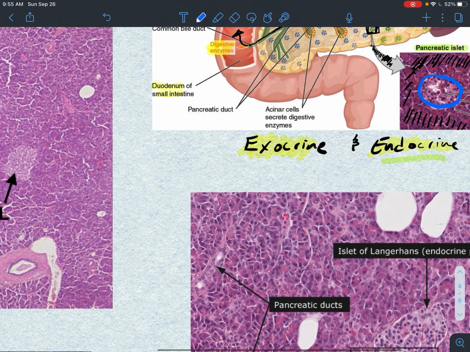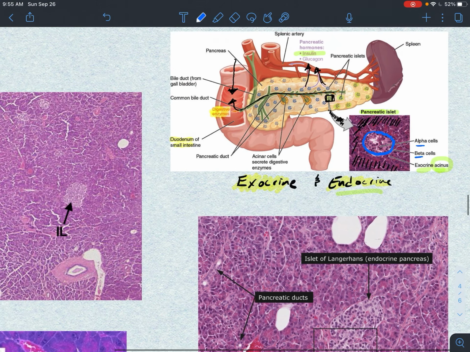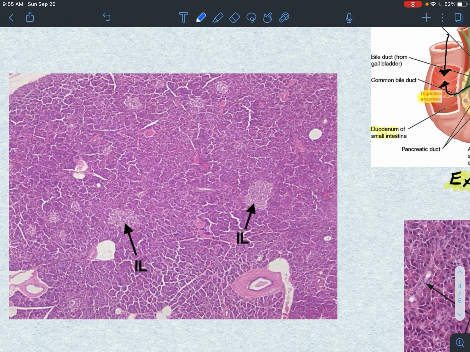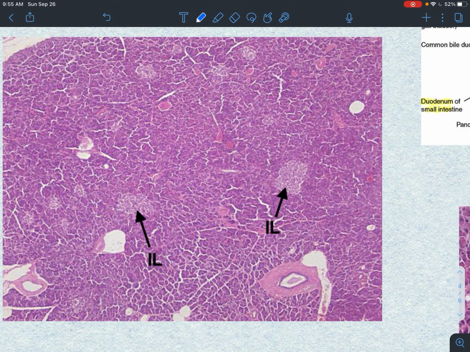Okay, so now let's see what a typical slide can look like. So when you see a slide like this, you might get confused with other glands. For example, salivary glands can look quite a bit like this.